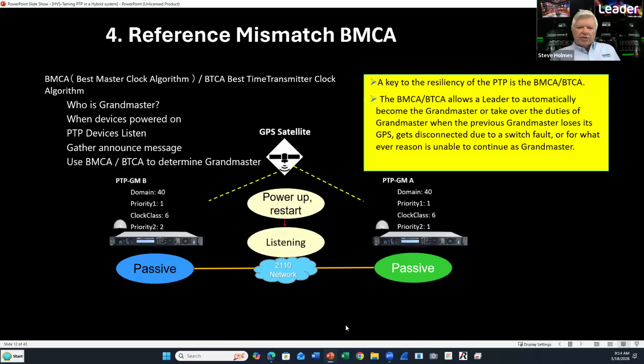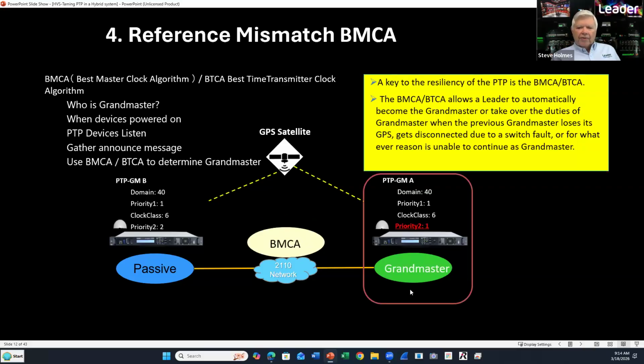When the generators start up, they go into listen mode, and they look for announce messages. And the SPGs are putting out announce messages saying who they are, what their domain is, what their priority one is, what their clock class is, and what their priority two is, and sending that data back and forth. The BMCA will take over and say, yep, you're going to be the grandmaster, you go passive.